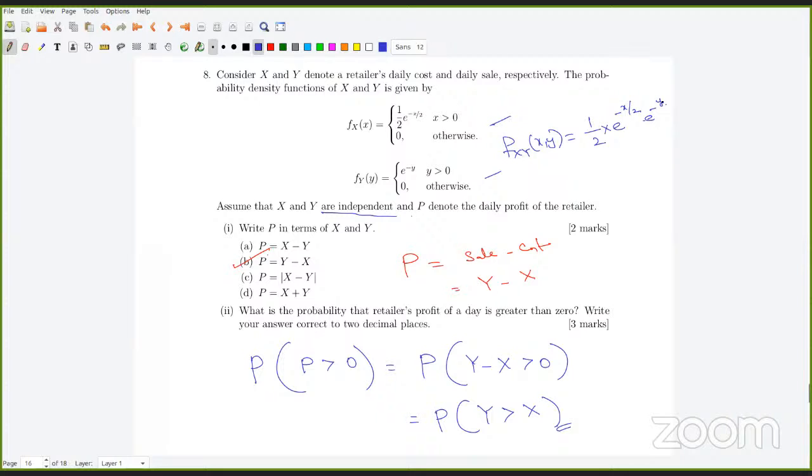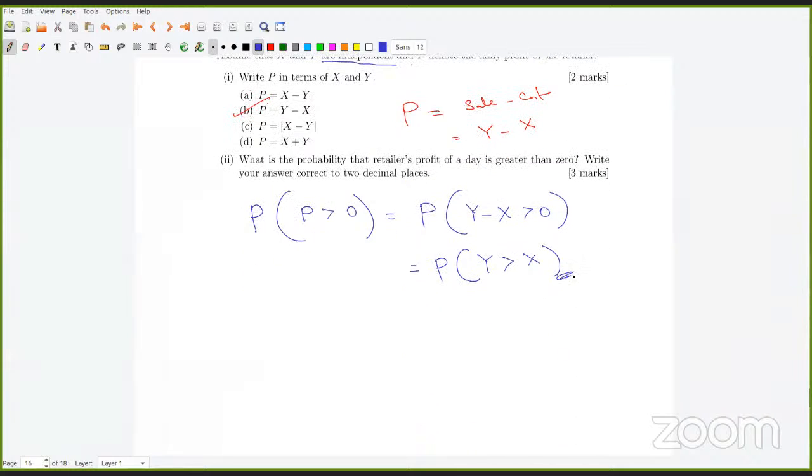So now we know the joint PDF and we know the region also. Which region will this y greater than x represent? Above the line. And these are exponentially distributed, right? So the support is from 0 to infinity. So this will be the region.